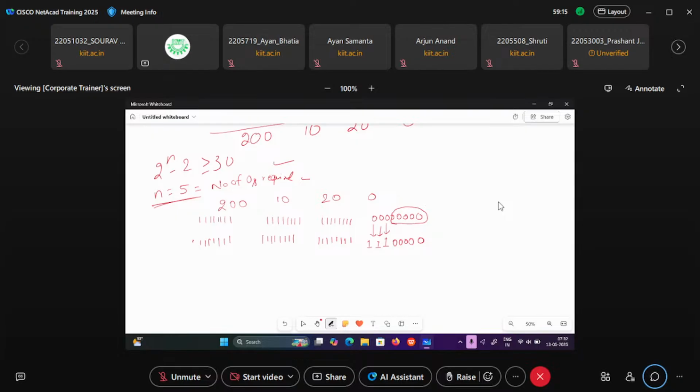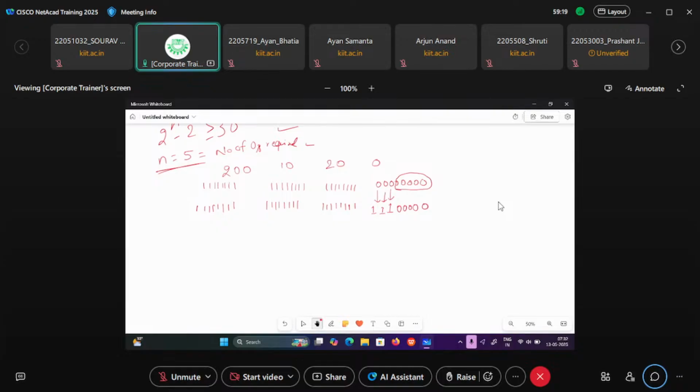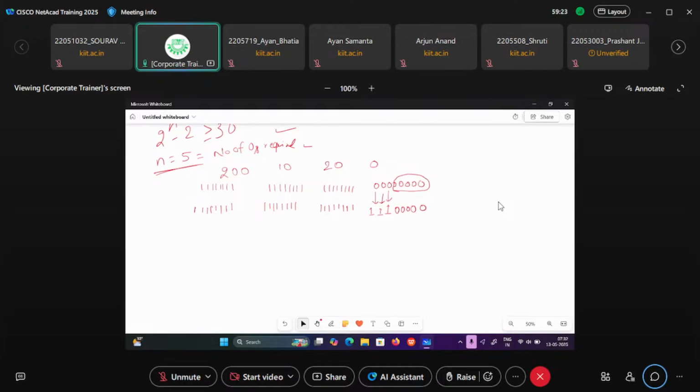So after calculating these values, now we have to find the block size, right? In this case, what is the new CIDR value? Slash 27. That is our CIDR value.